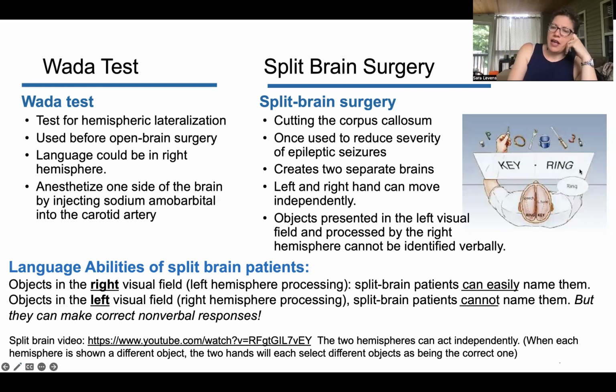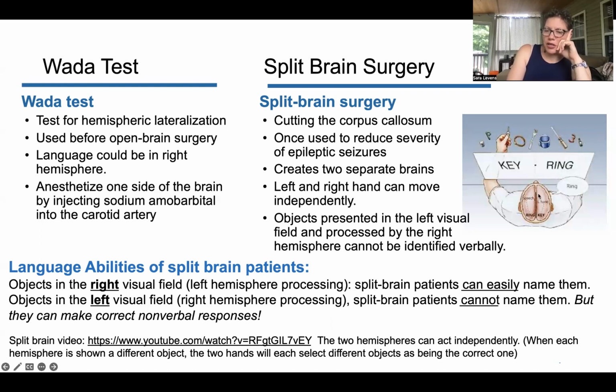If they have two separate brains and they're focusing on the middle, then the left side is going to see ring, and the right side is going to see key. Objects presented in the left visual field are processed by the right hemisphere and cannot be identified verbally.